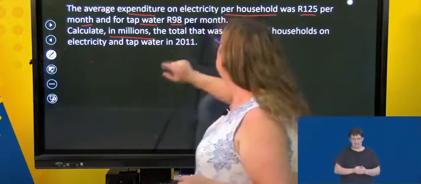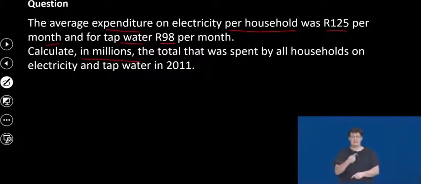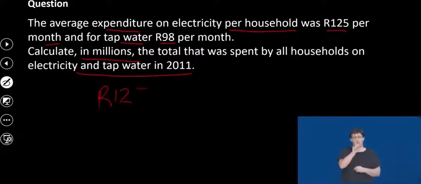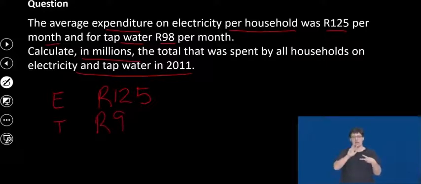You can actually give the answer in millions. The total spent by all households on electricity and tap water in 2011. So we have 125 Rand per month for electricity. So I'm putting this as electricity. And then I've got my tap water. My tap water was 98 Rand per month.